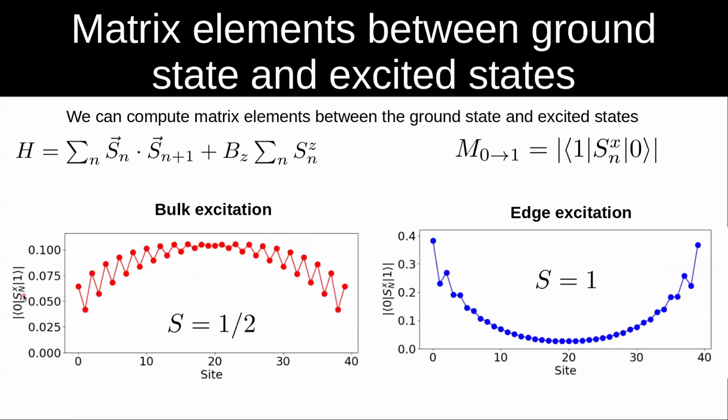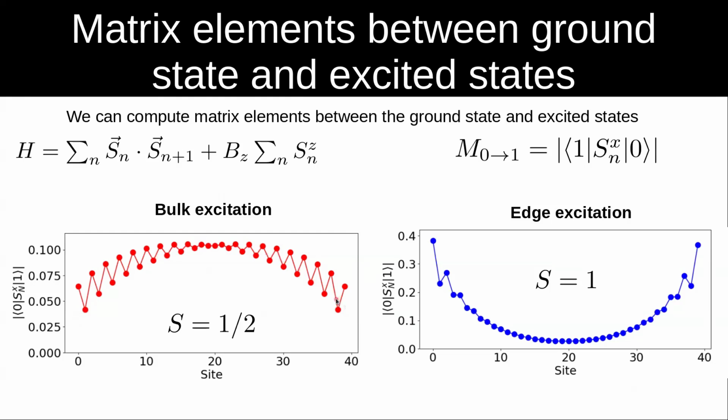Something very interesting to consider is to change spin 1/2 in the Heisenberg model to spin 1. So if we have a spin 1/2 Heisenberg model, this excitation between the lowest energy state and the first excited state is this bulk excitation that we discussed before.